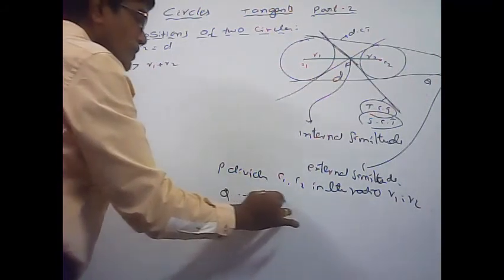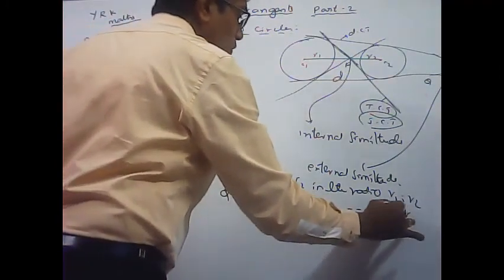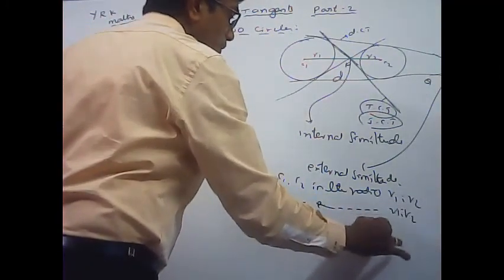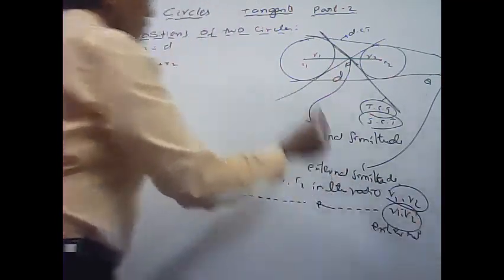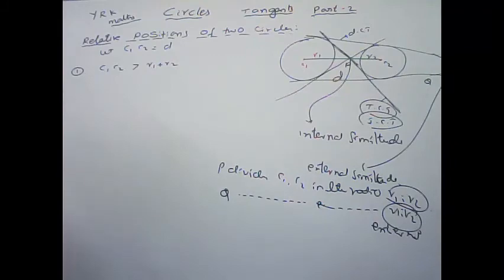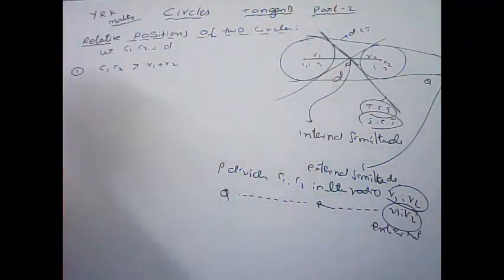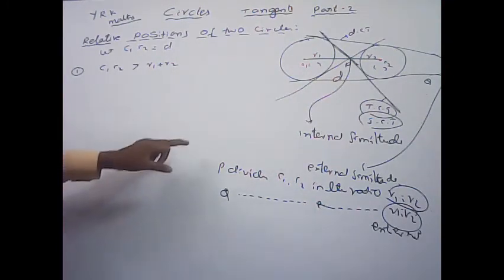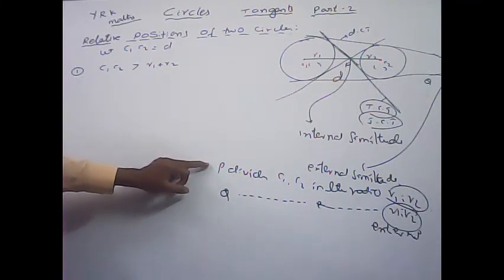Here Q divides C1C2 in the ratio R1 is to R2 externally. Here this is internal, this is external. We know the section formula also. Here C1 is one point, C2 is another point, the centers of the two circles, in the ratio R1 is to R2. We know the internal section formula: (mx2 plus nx1) by (m plus n), (my2 plus ny1) by (m plus n).